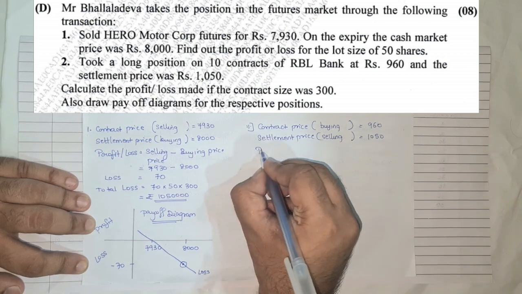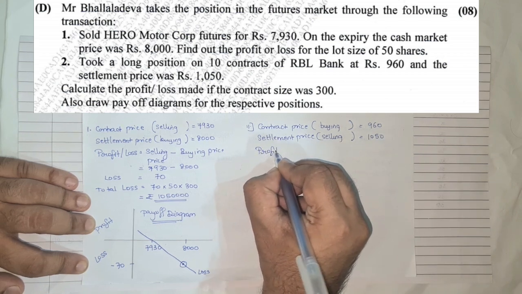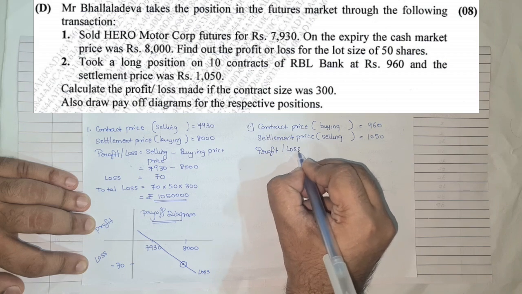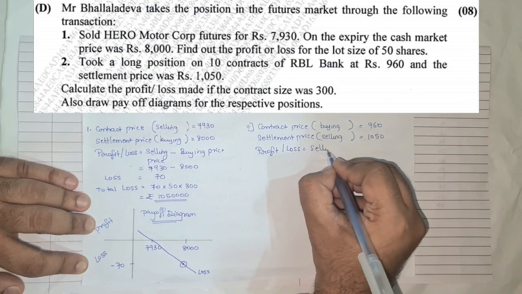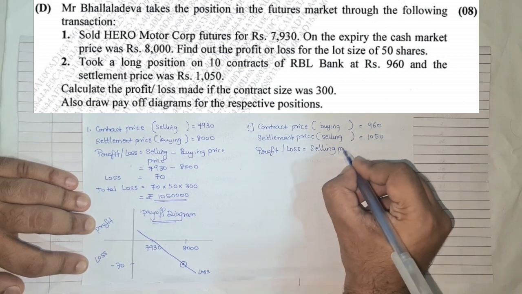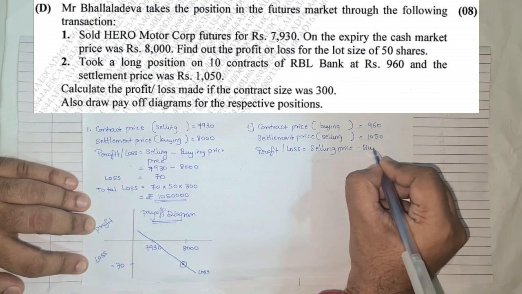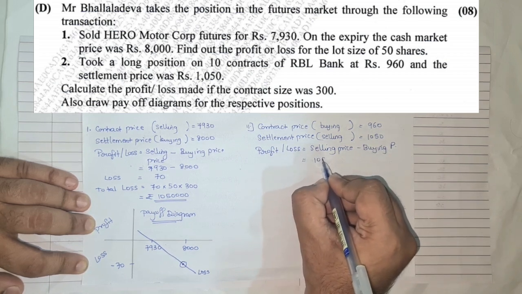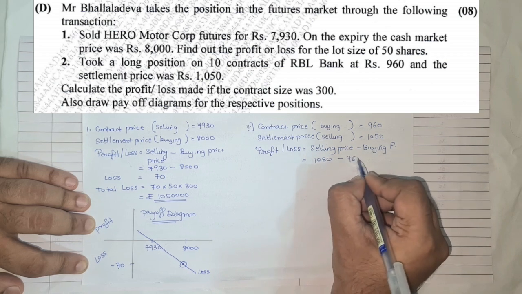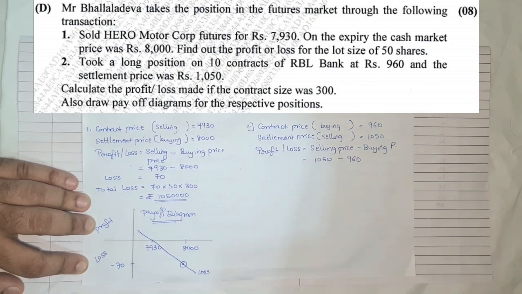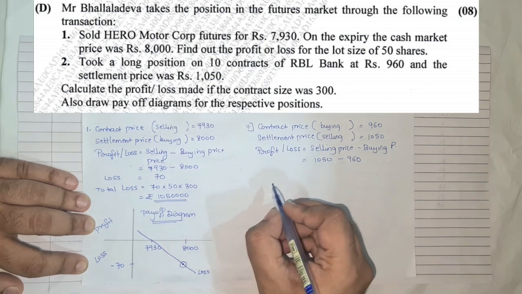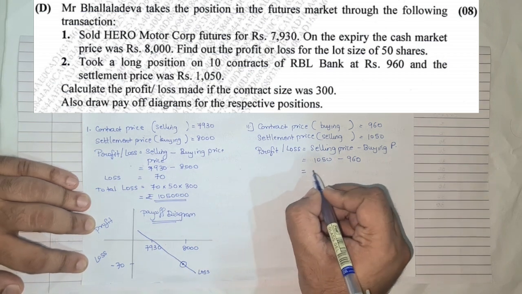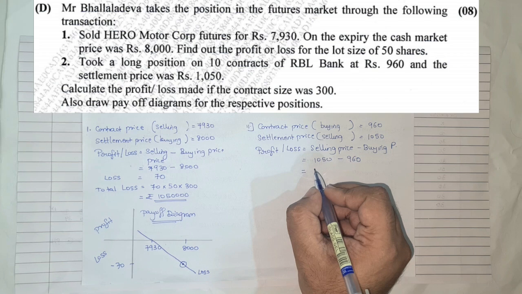So next step will be we need to find the profit or loss. Formula is selling price less the buying. Okay, selling is 1050, buying is 960. So on the calculator, 1050 minus 960, there is a profit of rupees 90 because that's a positive value.